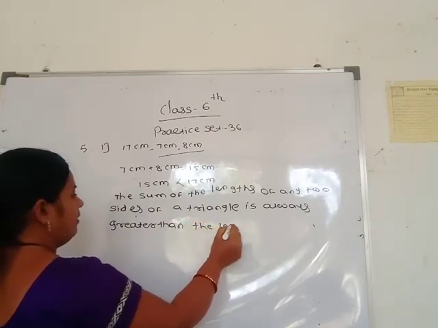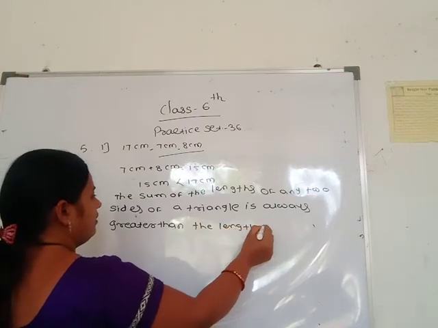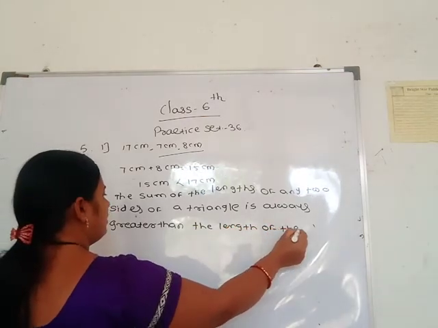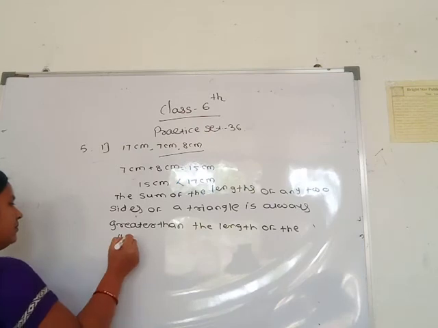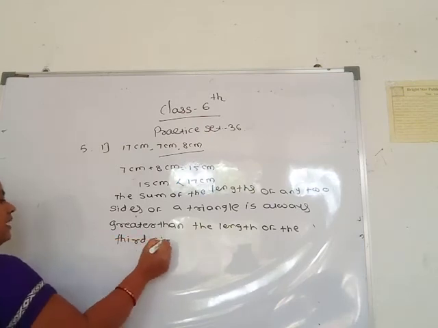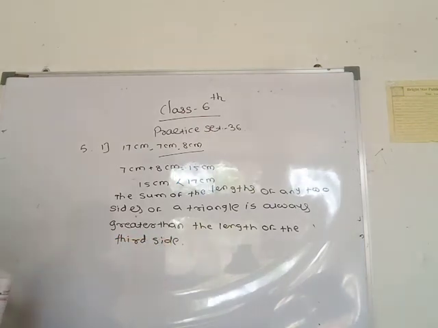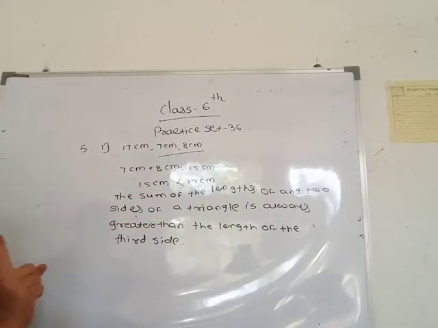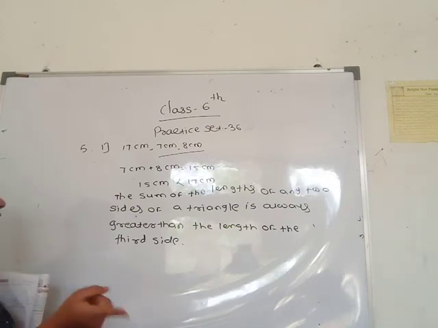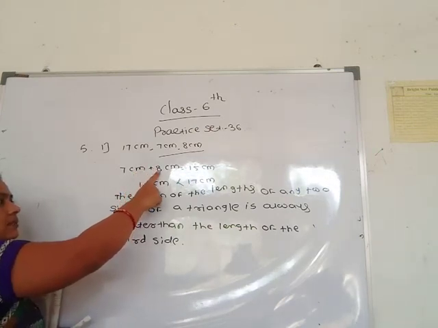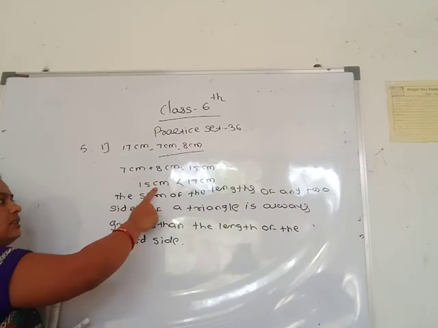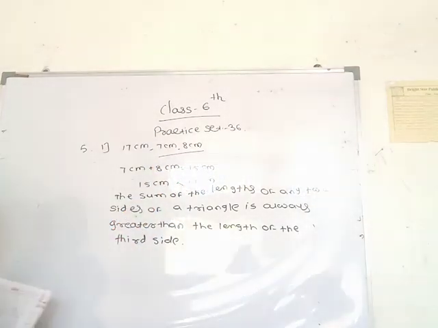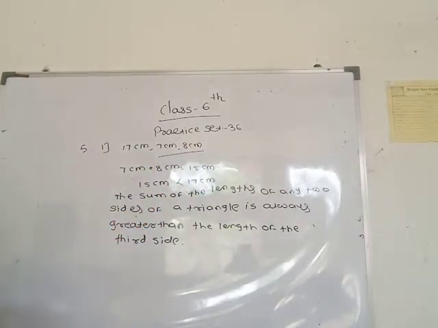But here, the sum of the lengths of these two sides is smaller than the third side. 15 centimeters is smaller than 17 centimeters.